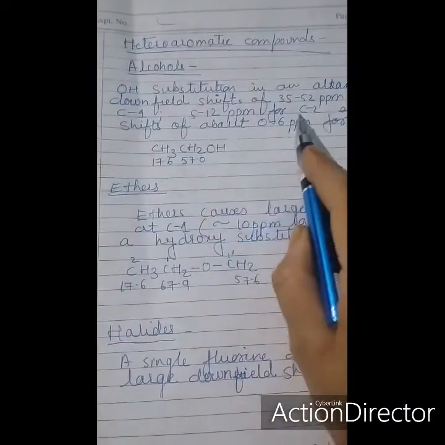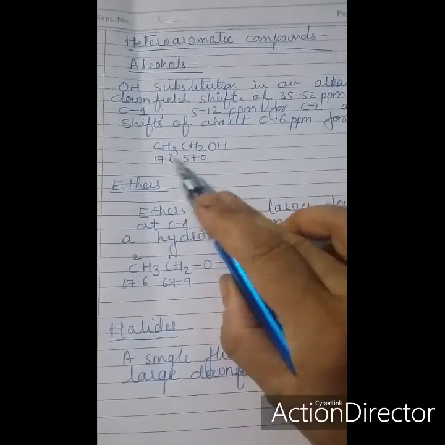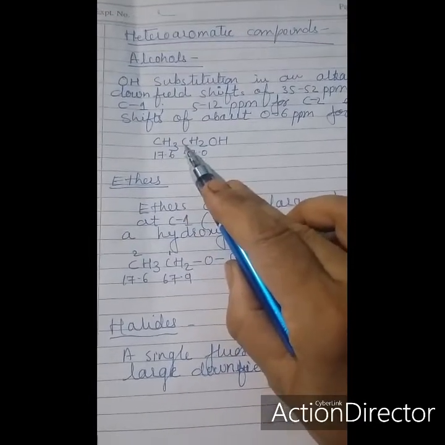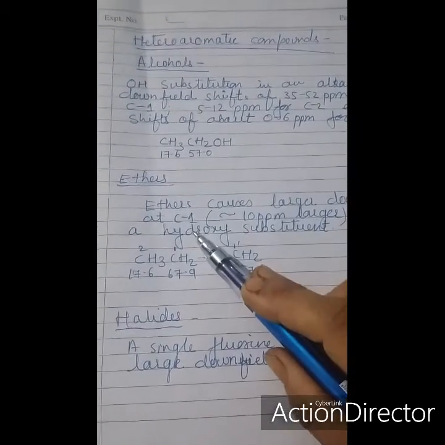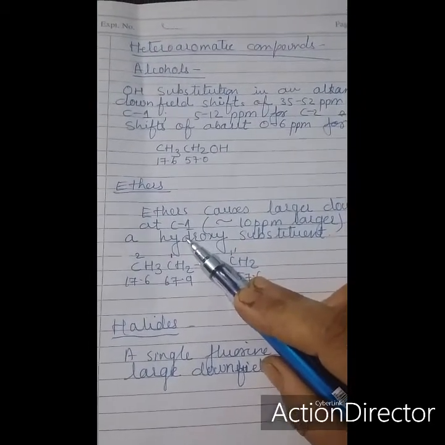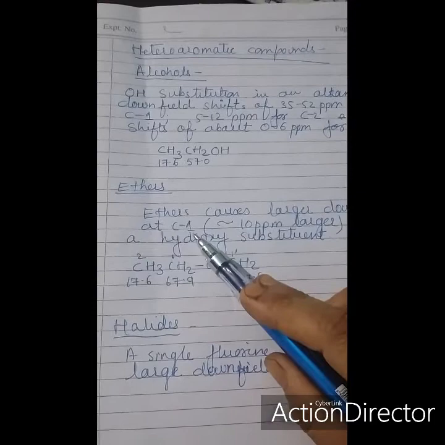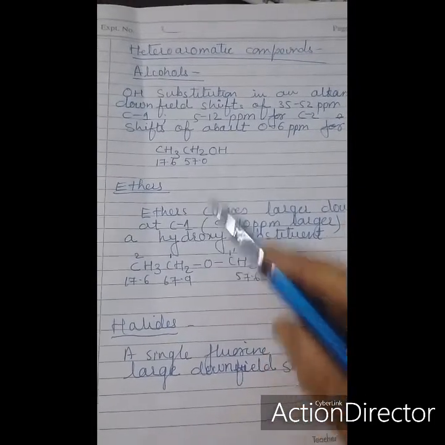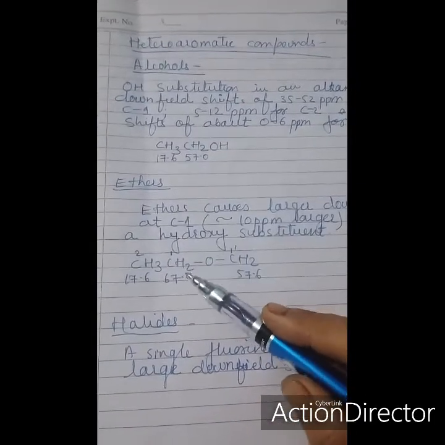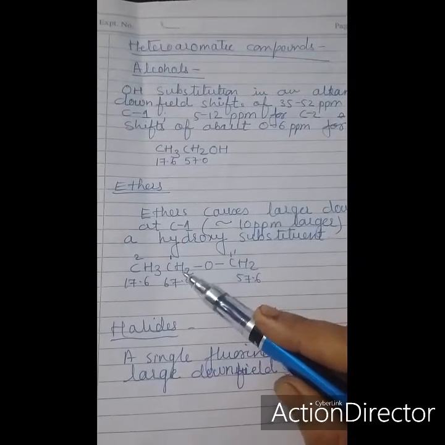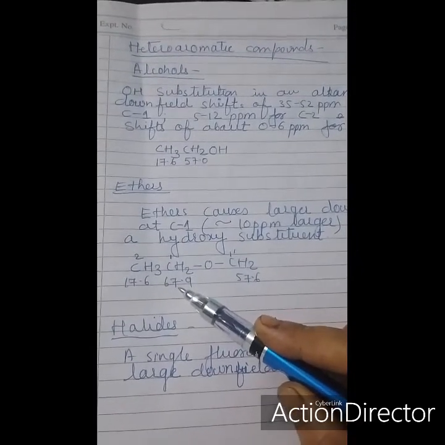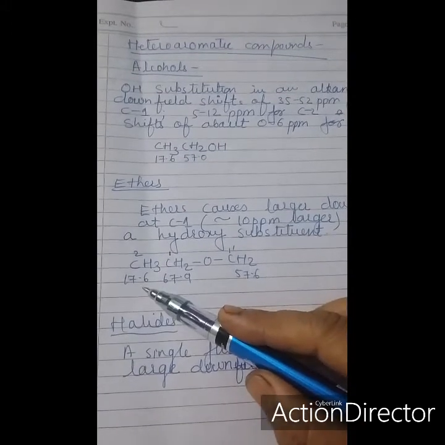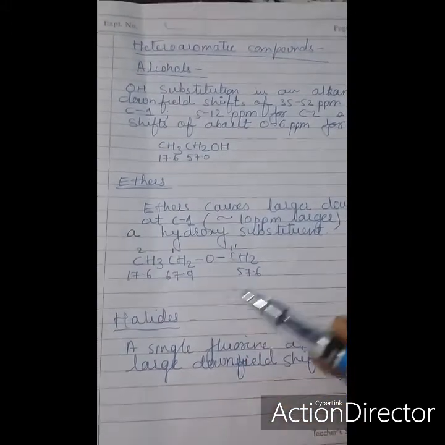So this is based on that shift value. These are the chemical shift values calculated for carbon 1 and 2. Similarly, ethers cause a very large downfield shift at carbon 1 as compared to the OH group. So in ether, if you compare, you are getting the value 67.9 and 17.6 for carbon 2.